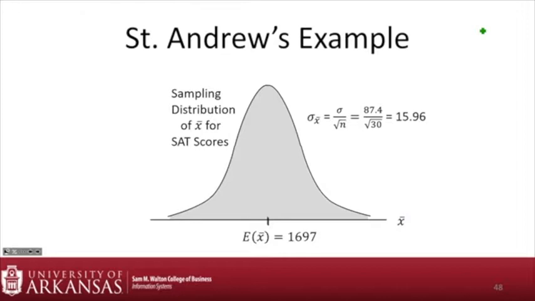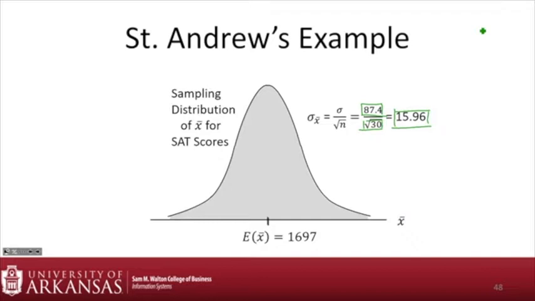So what we've done, my first sampling, we had a SAT score of 1697. That was my average. And I had a sample size of 30. So what I have here, this is my standard deviation, right here. We take the square root of the sample size, and that changes the standard deviation a little bit.